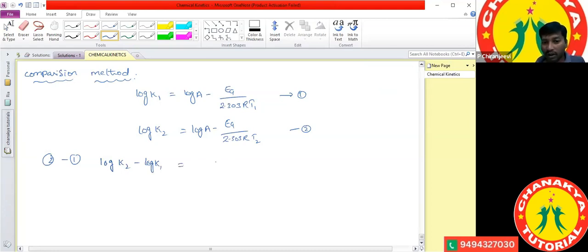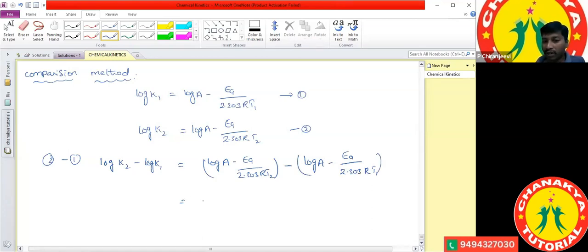It is log A minus Ea by 2.303 R T2, minus of equation 1, which is log A minus Ea by 2.303 R T1. Now we can simplify here.